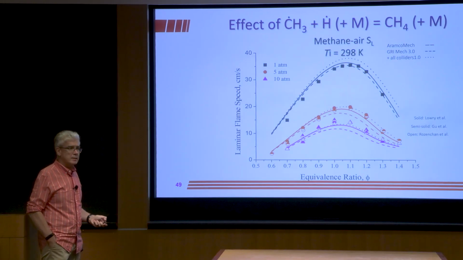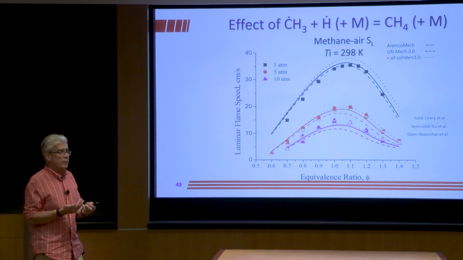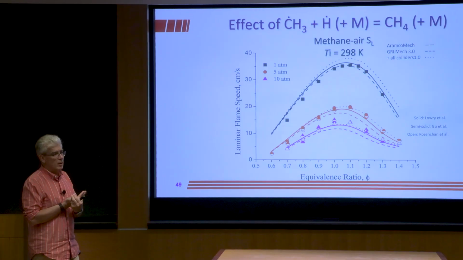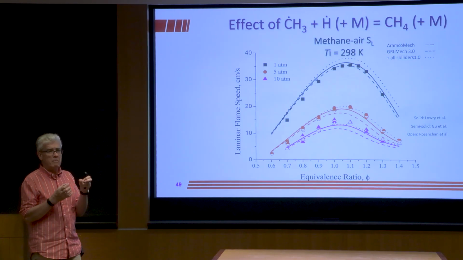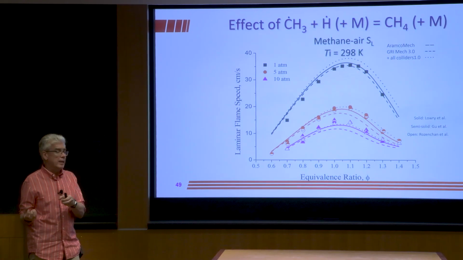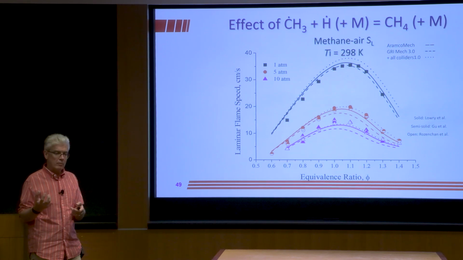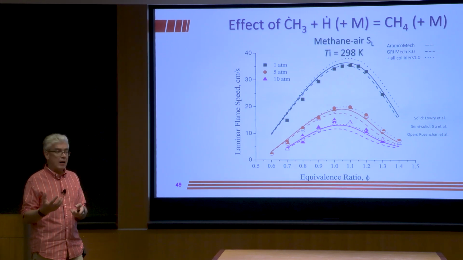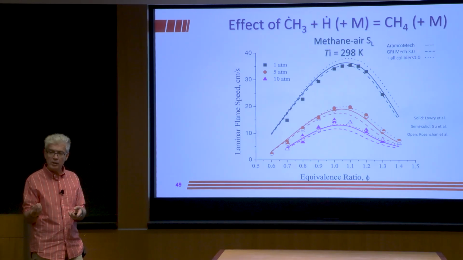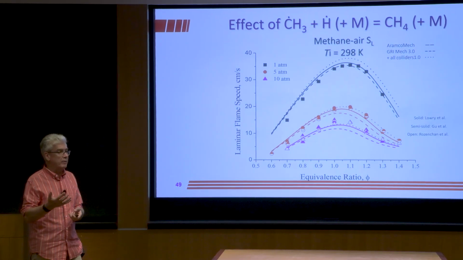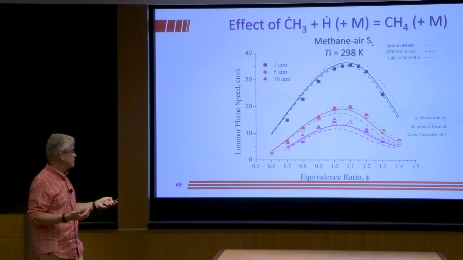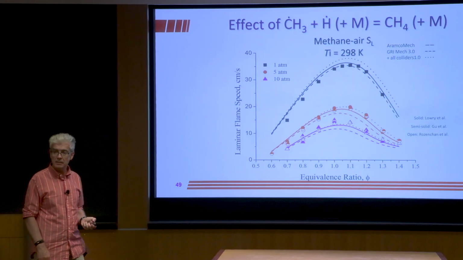Why? Because if we reduce the efficiency, what are we doing to the rate for methyl plus H plus M? The M concentration decreases, the rate of that reaction decreases, and hence we don't get as much termination by the recombination of methyl with H giving methane as we did before, and hence the predicted flame speed is enhanced, right?